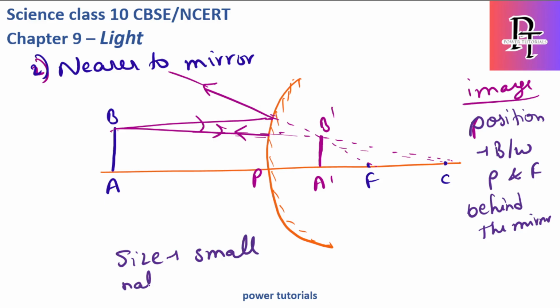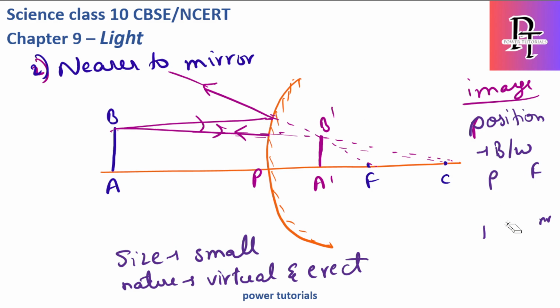Nature: virtual and erect. Let me write this a little neater. Position is between P and F and behind the mirror. So in this way both cases are done, because whether you keep the object here or here, the image will be created exactly between P and F.